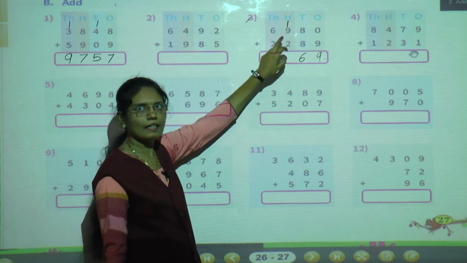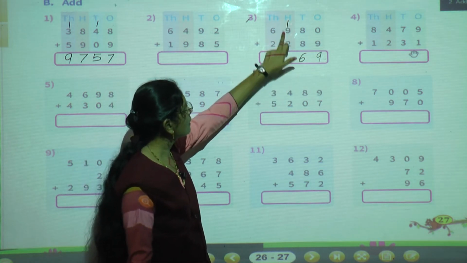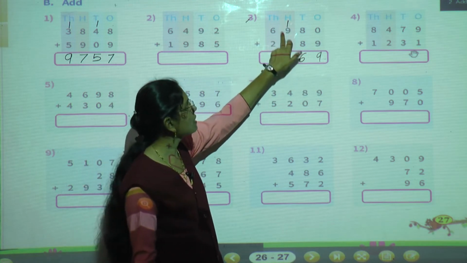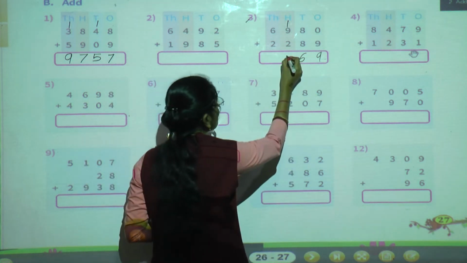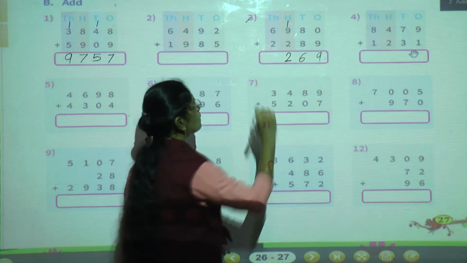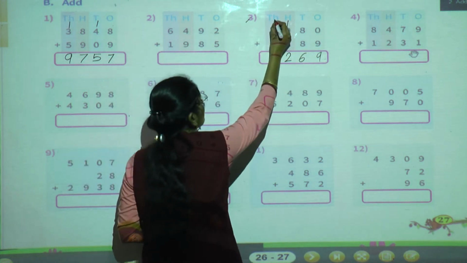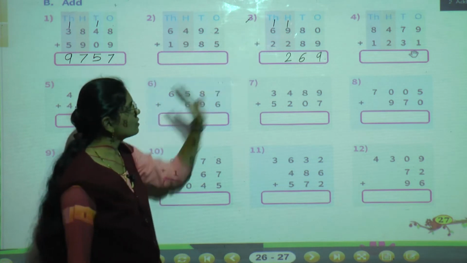Now see the hundreds place digit. At hundreds place, here 100 plus 900 plus 200. 1 plus 9, 10. 10 plus 2, 12. So 12 means, 1200 means, yes, here we will write 2 and 1 we will give as a carry. Now see the thousands place digit.